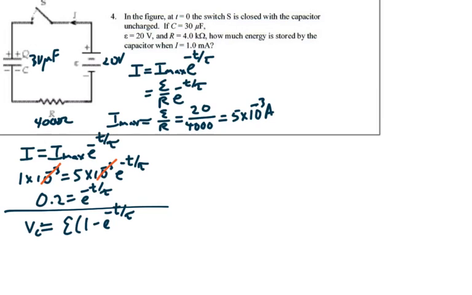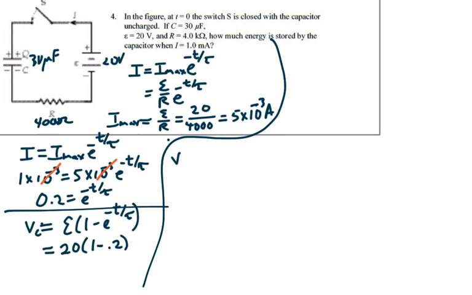And we just figured out the negative t over tau for this situation. So this is going to be equal to 20 volts times 1 minus 0.2, 20 times 0.8. So the voltage across the capacitor is going to equal 16 volts.